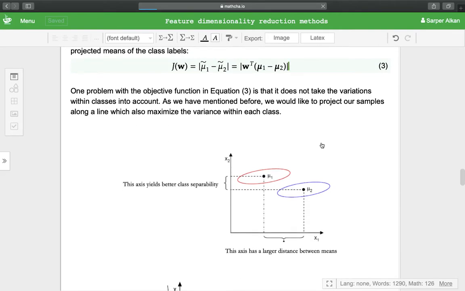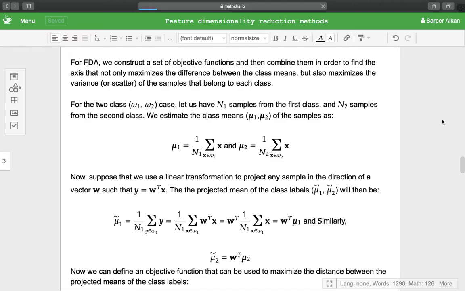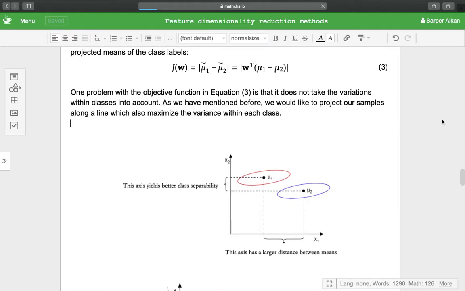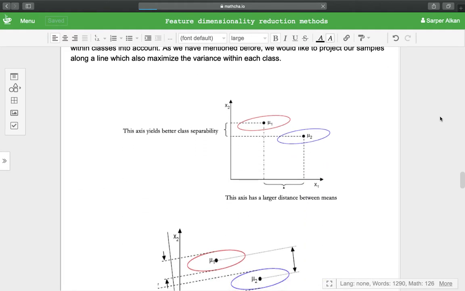One problem with the objective function in equation 3 is that it does not take the variations within classes into account. As we have mentioned before, we would like to project our samples along a line which also maximizes the variance within each class. When we look at these distributions, for example the distribution of the first class and second class, we can see that this axis can better separate these classes.